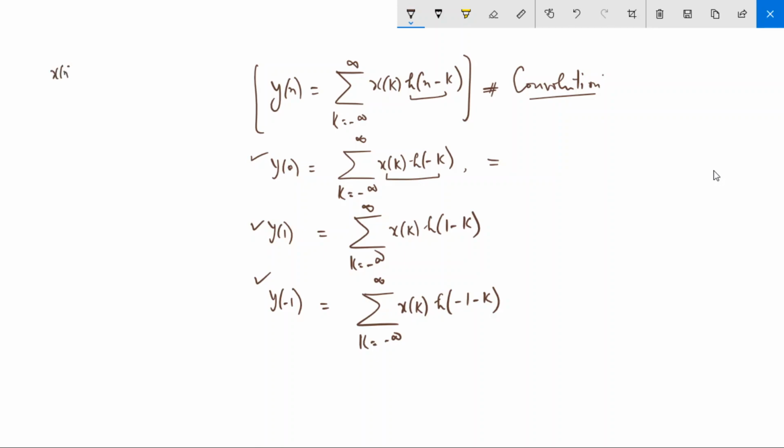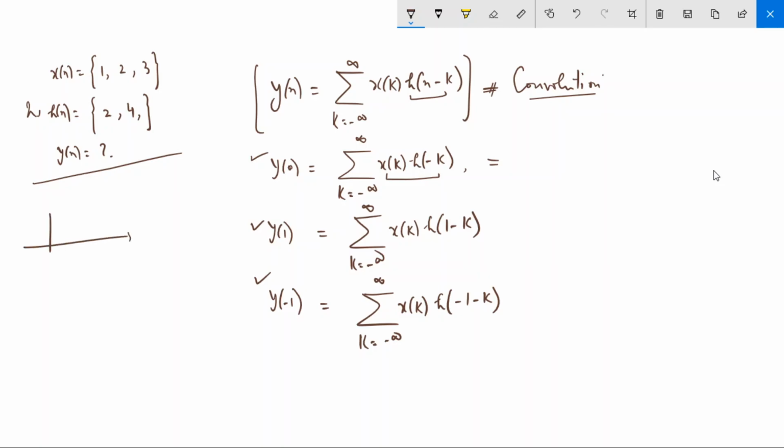Suppose I take one example. You have two sequences, x of n is equal to 1 2 3, and let the impulse response of the system be 2 4. This is the impulse response. You have to find y of n, the output of the system. So to find y0, I first represent the signal in terms of k.